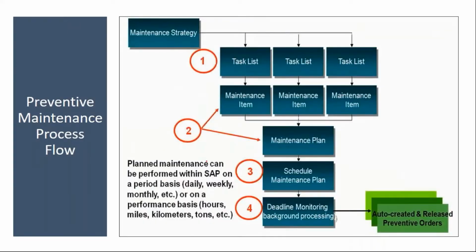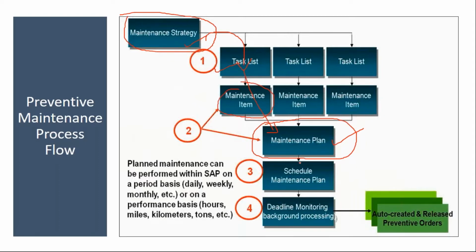So basically in the preventive maintenance process, in the previous session, we created the maintenance strategy, and this maintenance strategy is assigned to the task list. In the previous session, we did this activity. Today, now we are creating the maintenance plan, and once the maintenance plan is created, in the maintenance plan we will be linking this task list through item.